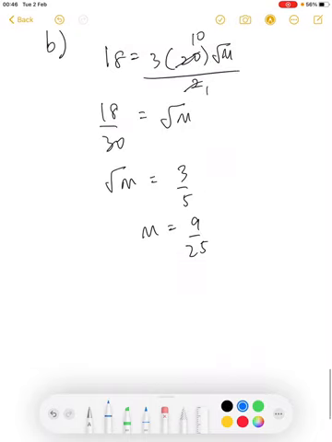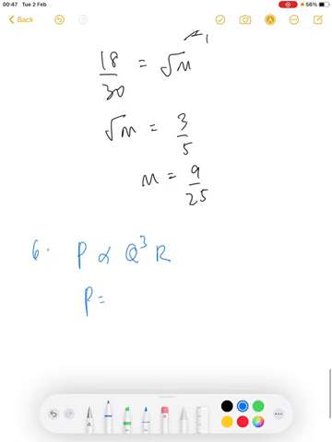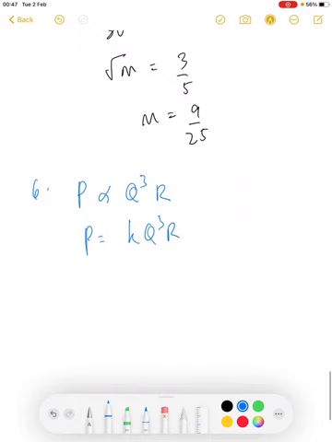And lastly, question 6. P varies directly as the cube of Q and R. So P equals to K Q cube R. So we use the first column. 86.4 equals to K, 1.2 cube.